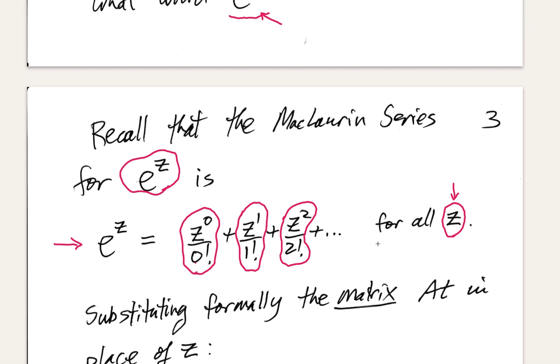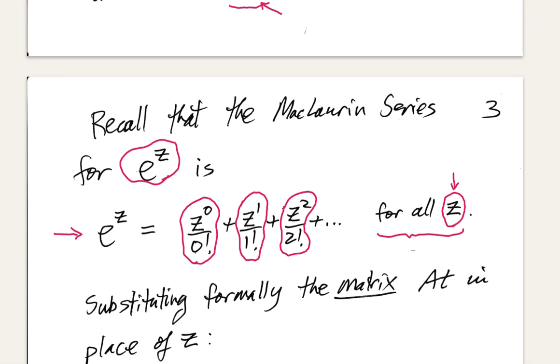And this actually held for all z, any real value of z, and it turns out any complex value of z also. Again, you haven't had complex analysis probably, but let me just state that's the truth. So e to the z is always equal to what's on the right-hand side of that equality there.